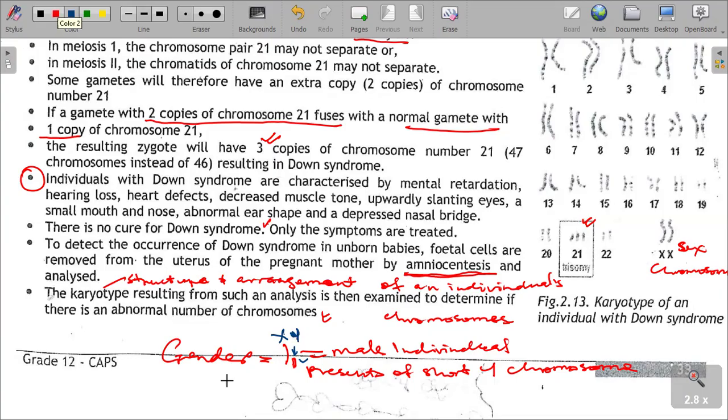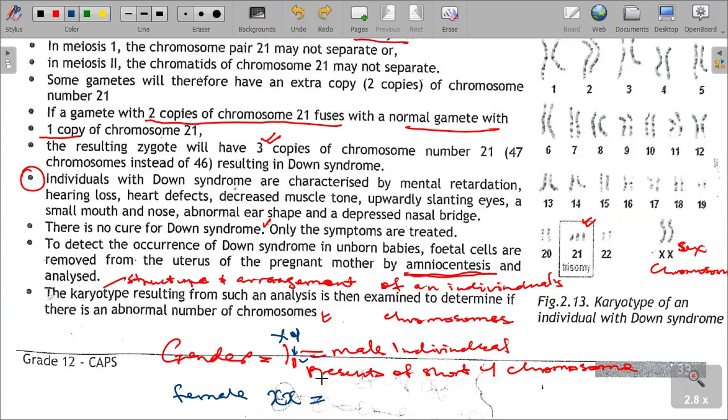A female is like the one shown here, indicated by a double X chromosome, with both chromosomes the same length.